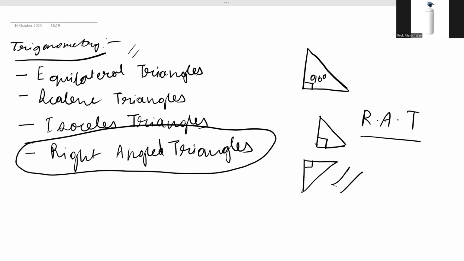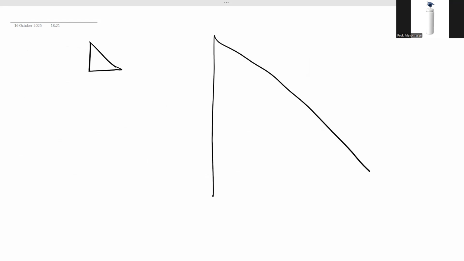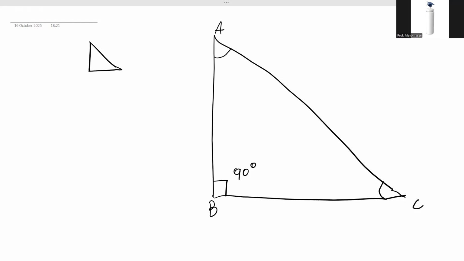Okay, let's talk about why right-angled triangles are so important in trigonometry. Suppose you have a really big right-angled triangle, right? Excuse my drawing. Suppose this angle is 90 degrees. Let's call this side A, this side B, and this side C. So in trigonometry, you need to take any of the angles except the one which is 90 degrees.